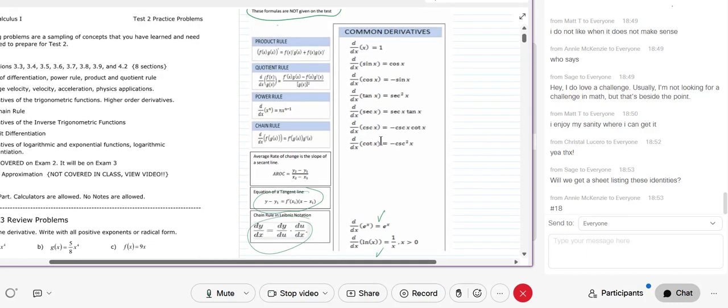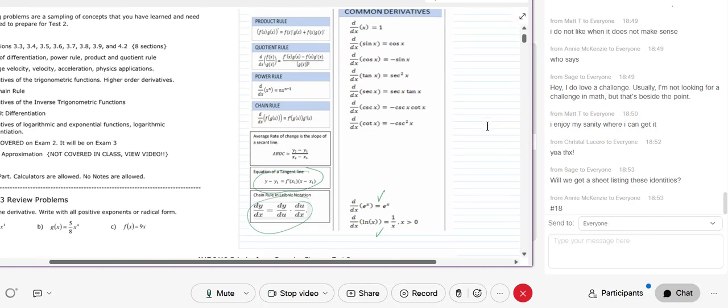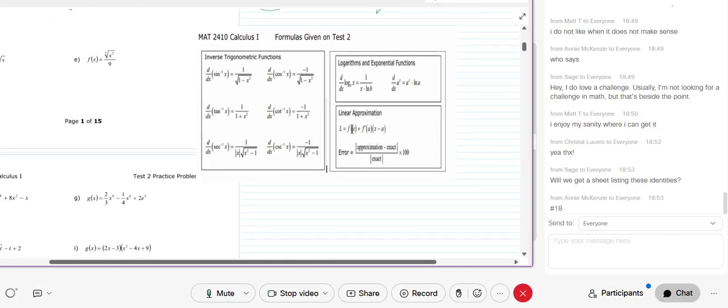I also posted this on D2L. These are formulas that I don't give you, and I don't give you any trig identities. They won't pop up very much, but there's a possibility that some of the fundamental identities can pop up. So you want to make sure that you know these rules, but these are the things that I'm going to give you.